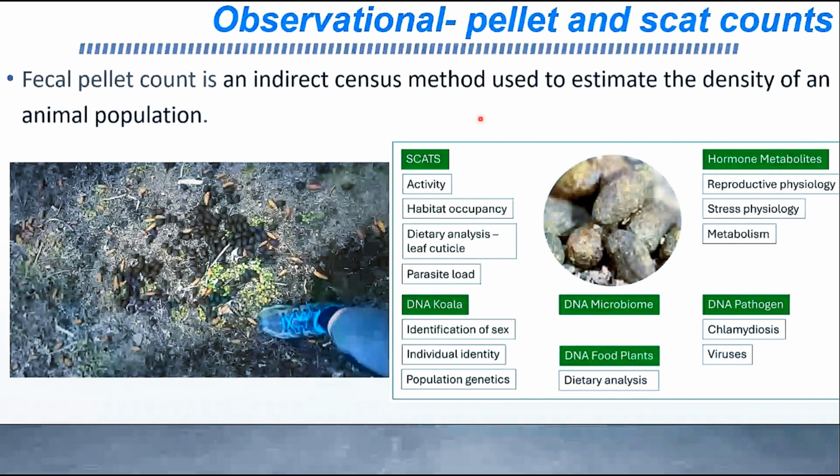By looking at the scat you can understand the activity, whether the animal is suffering from some disease, whether it is in heat, what it is eating, whether it is carrying some pathogen, and you can even understand the sex. You can identify that particular individual. So by looking at the excreta left by animals, indirectly you can get the diversity, richness, and the abundance of these animals.